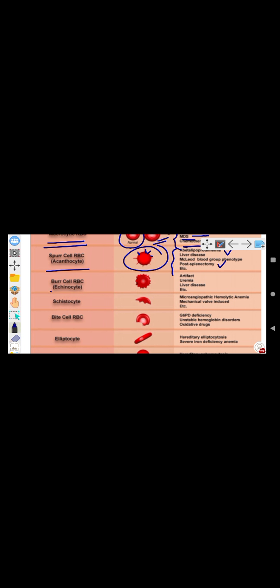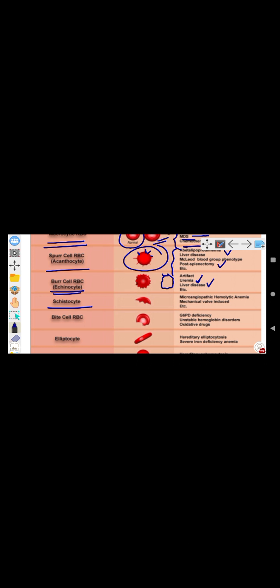Now let me discuss this one, echinocyte. Just remember the conditions: uremia, it is an artifact, right. It is more or less the same, but this cell is something like this. Acanthocyte has spikes, but echinocyte has blunt type of spikes, right. It is found mainly in uremia and liver disease. Remember these two, right. These are classic for uremia.